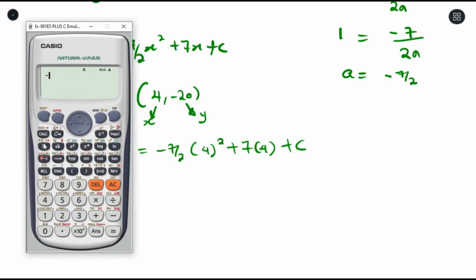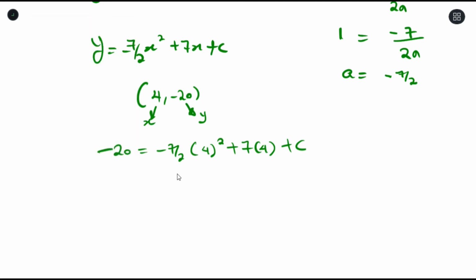So this would be 7 over 2, 4 squared, plus 7 4. Yeah, so that's negative 28. You get negative 28 plus c, and this here is negative 20.